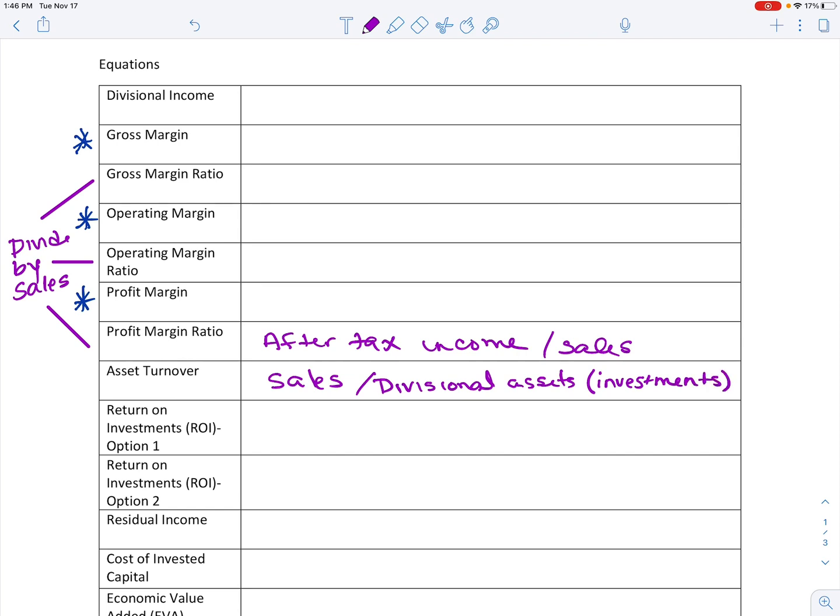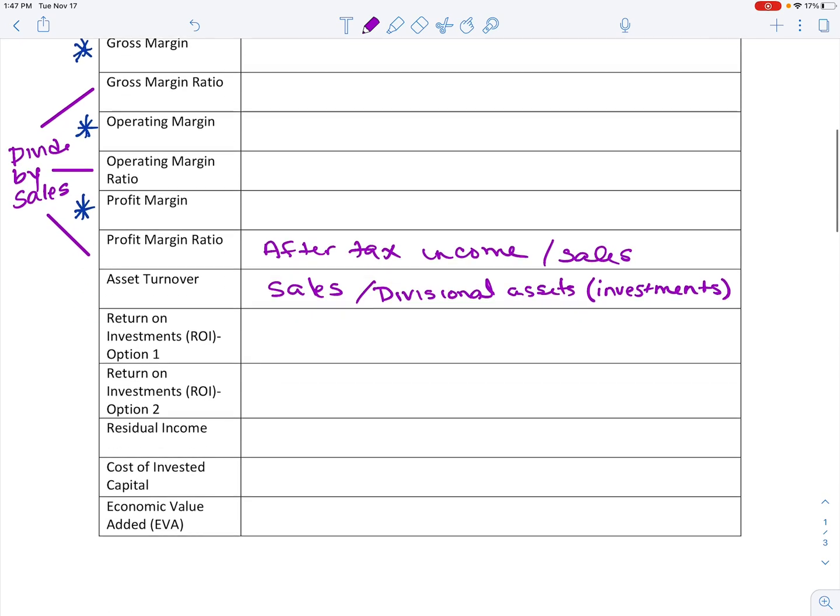So if you're Googling this, or if you're going through your homework and they're not laying it out exactly for you, an investment is an asset. So just know that these terms are sometimes interchangeable depending on what they're asking for, which I know can be confusing at times, but we have to understand the concept behind it so we can get to the outcome we want.